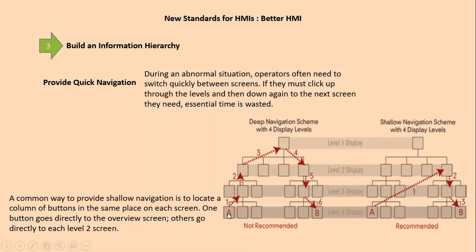From one screen to any screen, if possible, should be made available to the operator. That is called shallow navigation, because the operator can jump from one location to any other unrelated location or page. That way the operator can take quick decisions.